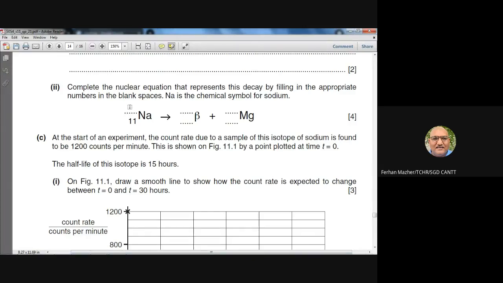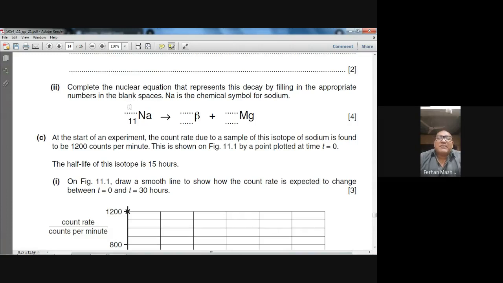And here a beta emission is happening. Remember my words that whenever a beta particle is given out, the daughter nucleus, its proton number will increase by 1 as compared to the parent nucleus, and its mass number or nucleon number will remain unchanged.